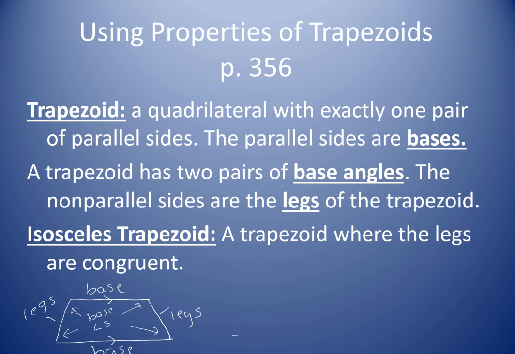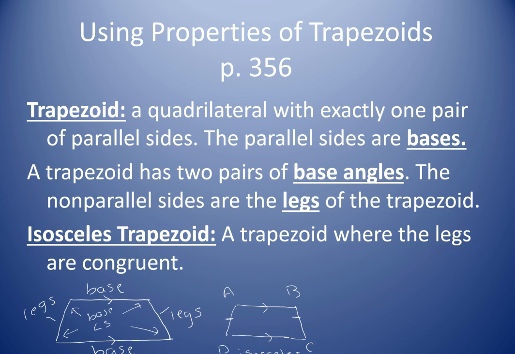We call a trapezoid that has legs that are congruent, we're talking AD congruent to BC, an isosceles trapezoid.